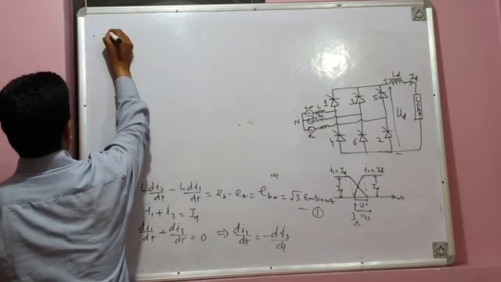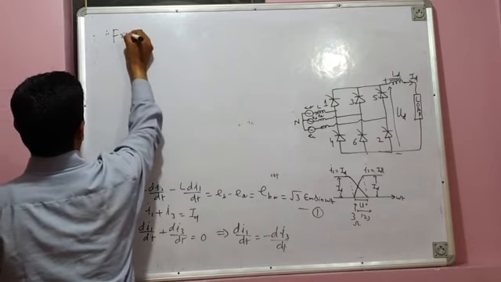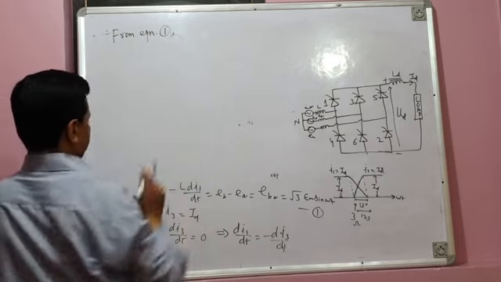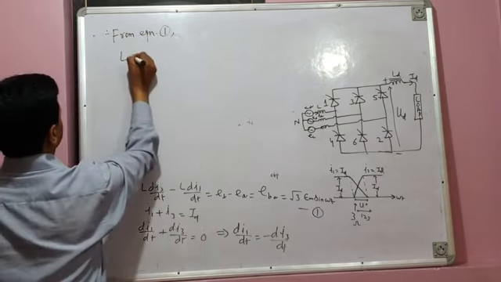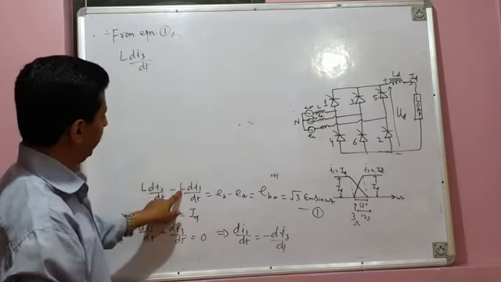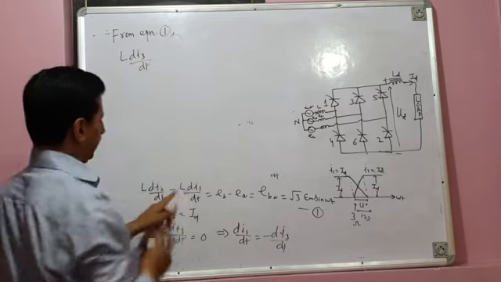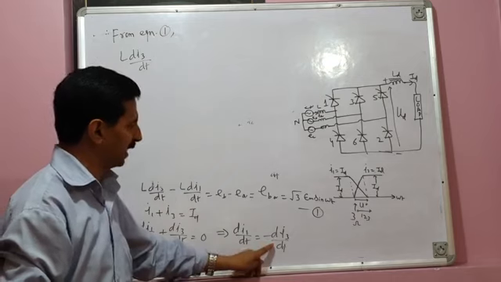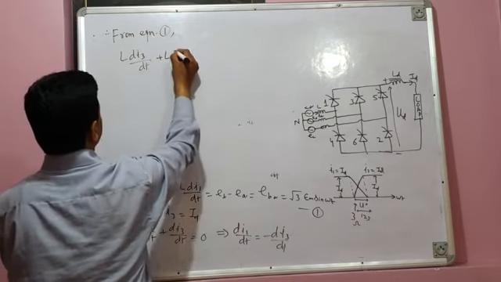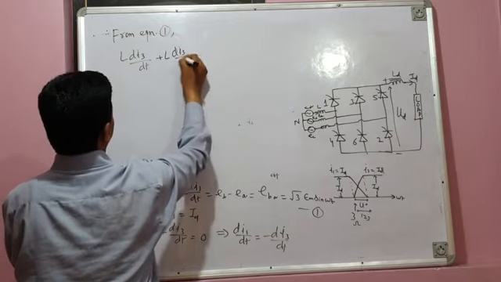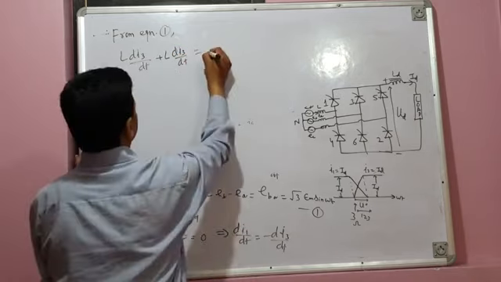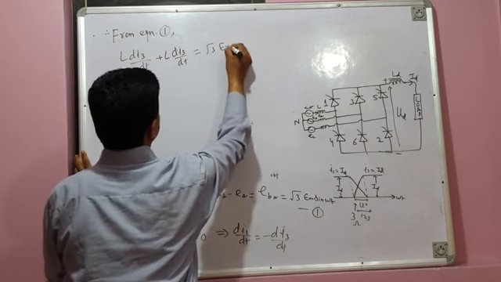So from equation 1, what we get is L di3 by dt minus L di1 by dt. What is di1 by dt? It is minus di3 by dt, and minus becomes plus. So this becomes plus L di3 by dt is equal to EBA, and EBA is root 3 EM sine omega t.